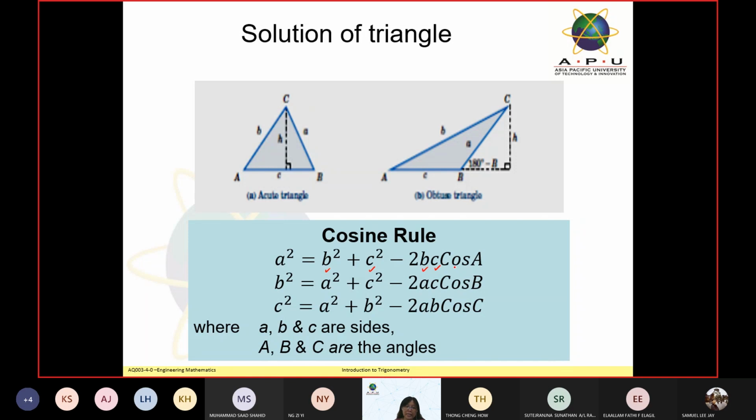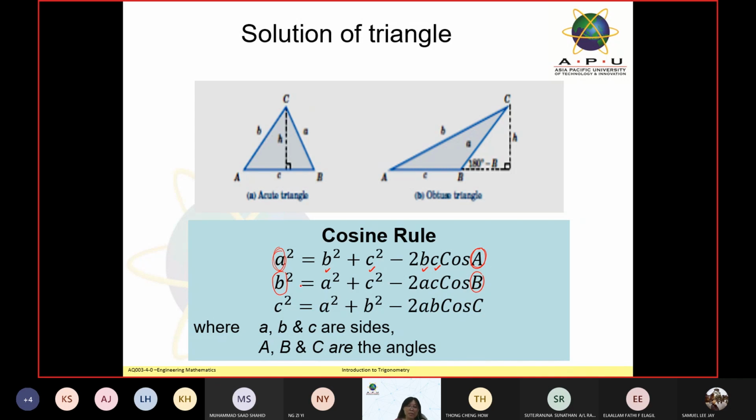The angle A is the same as this one. This one is the side, but this one is the angle, so it's always corresponding. If here is A, then here is A. If here is B, here is B. The small b squared is the side; the capital B here is the angle.